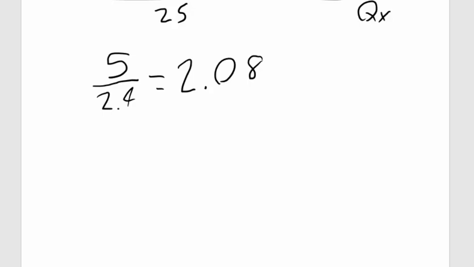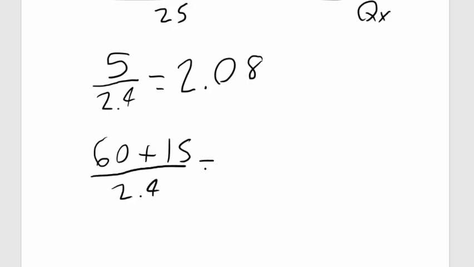So we have our income of 60 plus the $15 off that the coupon gives us, all over the price of 2.4, and that'll give us 31.25. So this is our new maximum amount of good X we can buy.